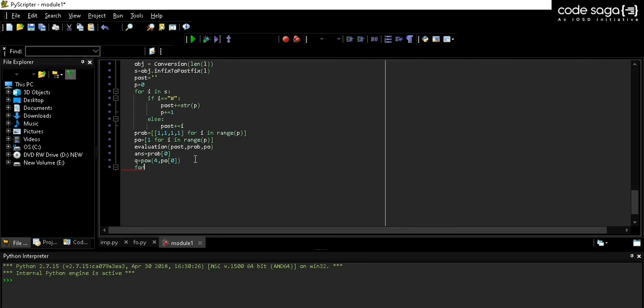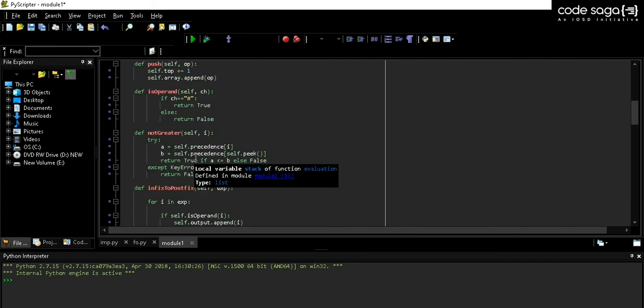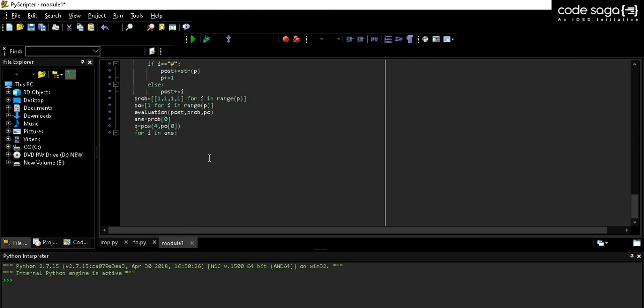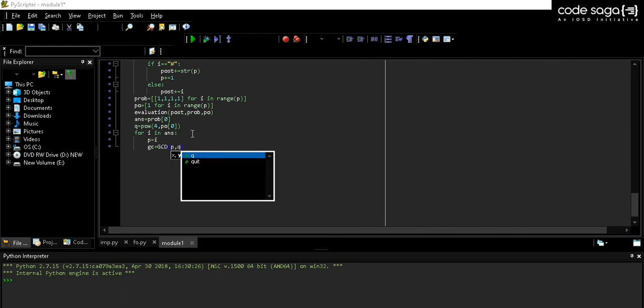So I'll iterate over answer, and then I have made a GCD function here, def GCD. So I will find the GCD of q and p, which will be e, let's just say. So gc equal to GCD of e comma q.